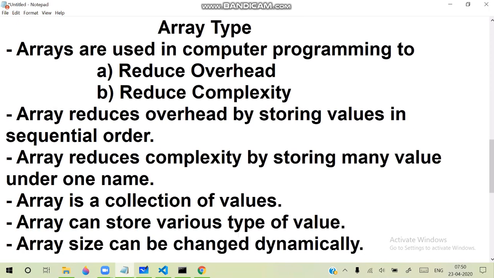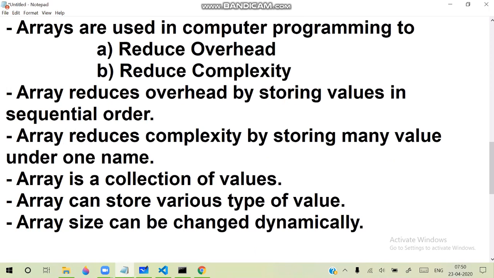This is another point many people raise about array. When we ask about array, they say that array size cannot be changed dynamically. But technically, array size can be changed dynamically. Their technologies have a problem in that, and that is the reason in their technology array size cannot be changed dynamically. Actually, I will show you that point here.